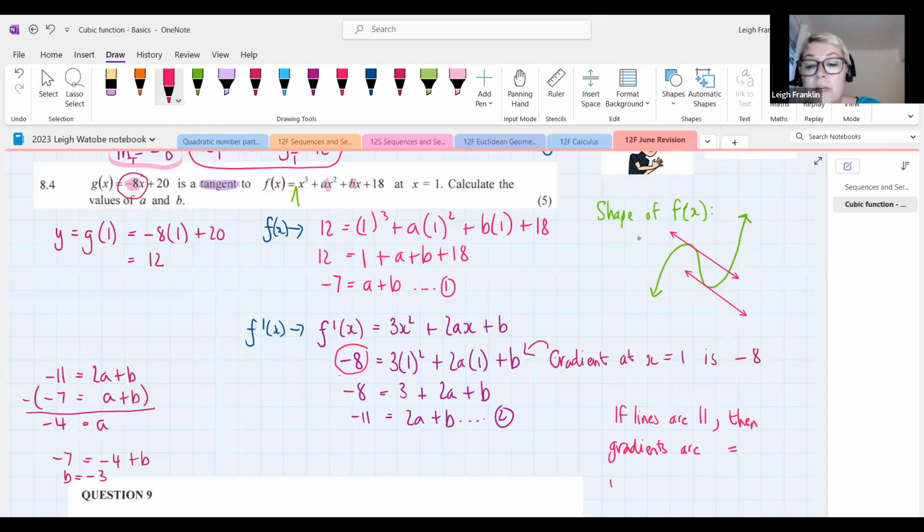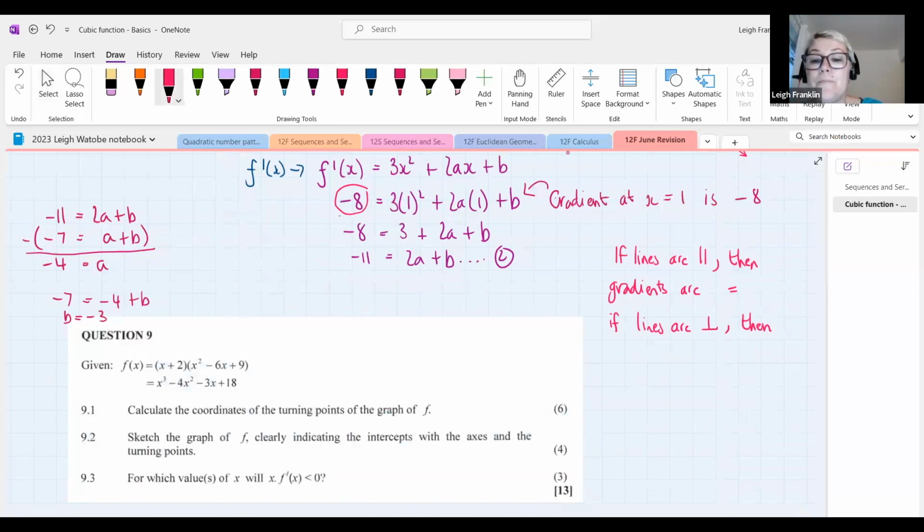If lines are perpendicular, then the product of the gradients is -1. So if lines are parallel, then gradients are equal. If lines are perpendicular, then the product of the gradients is -1.